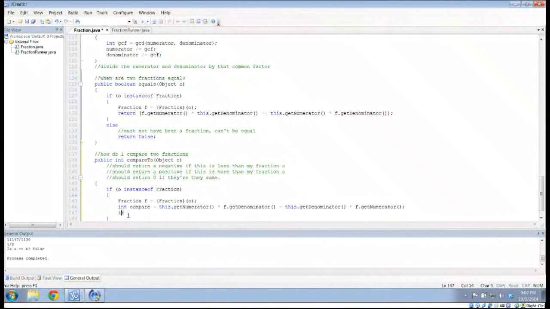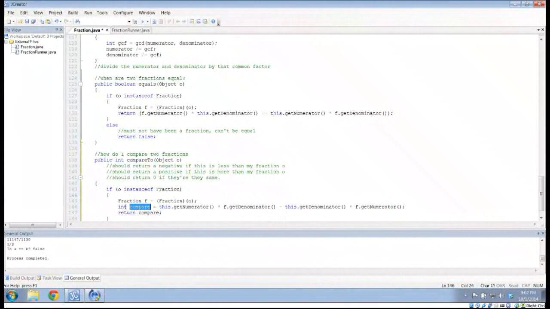And then what I want to do actually is just return compare. Because this value here that's stored in this variable compare keeps track of whether it's negative, whether it's positive, and if they were the same fraction and I subtracted them from each other, I'd get 0.